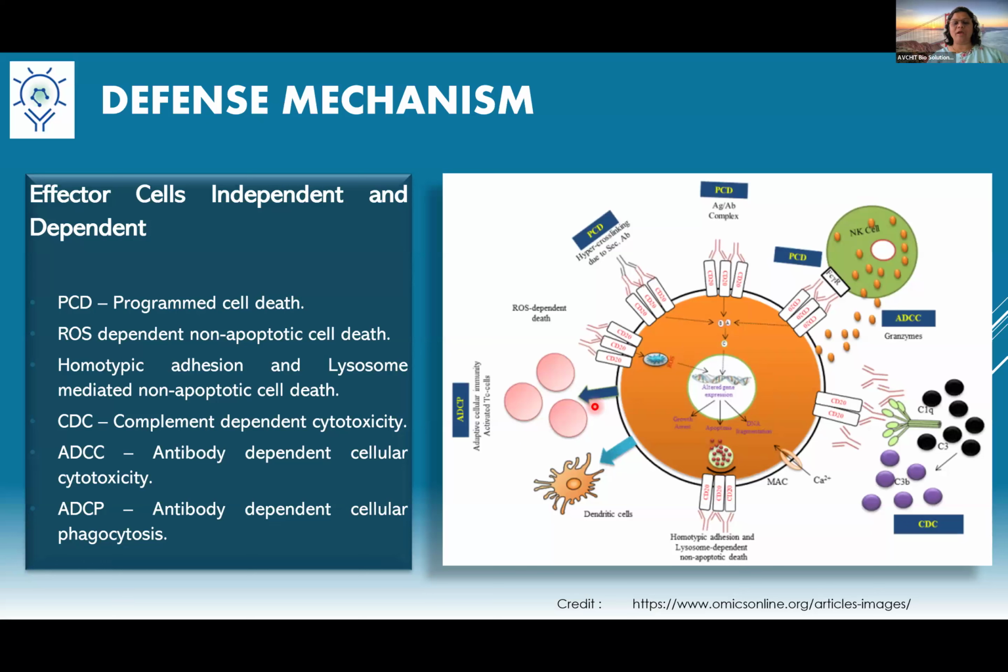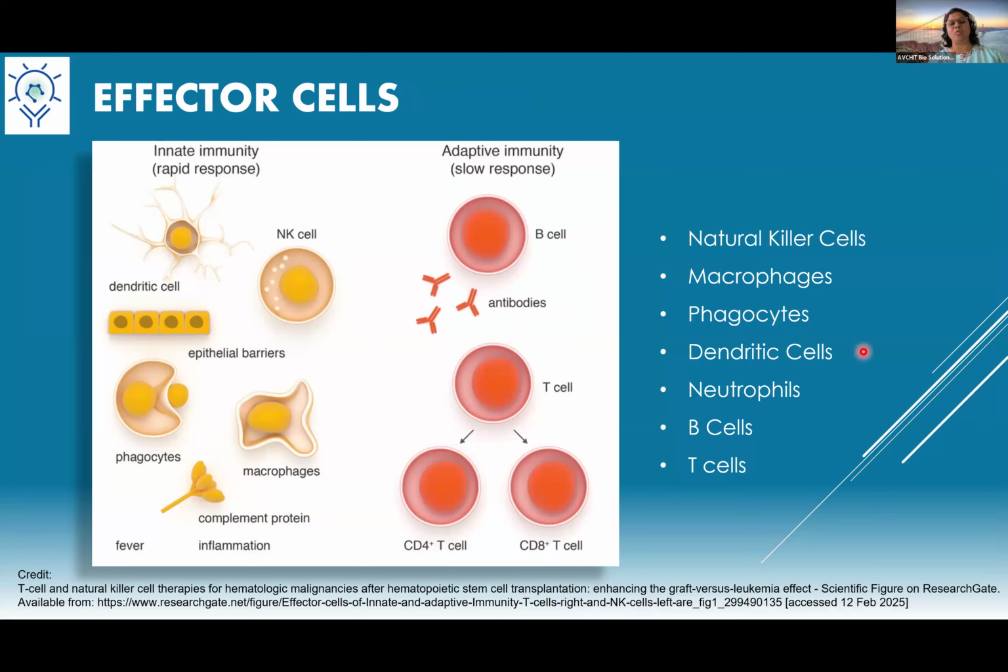Now, when we are talking about several effector cells, the most important ones are either from innate immunity, which gives the rapid responses, or adaptive immunity, which is comparatively slow in response.